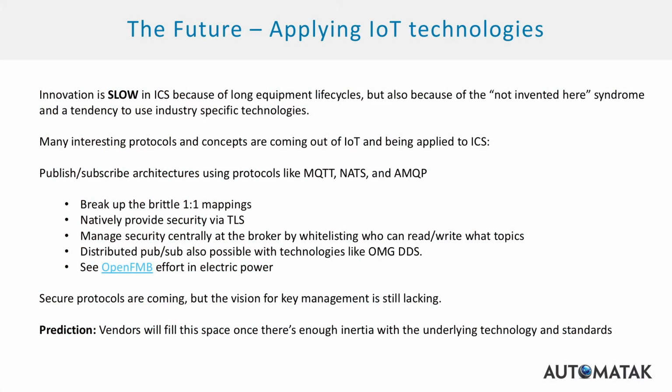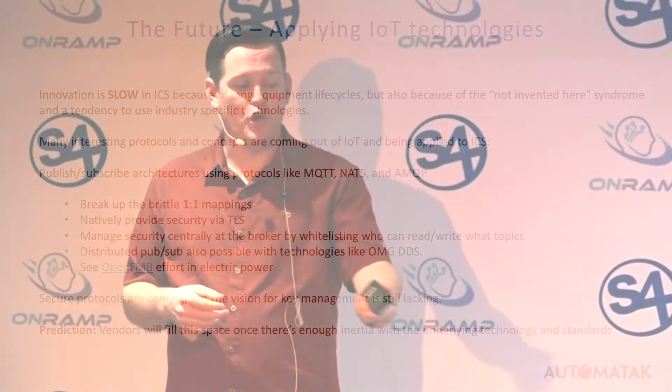In terms of the future, I think you are going to see a lot of IoT technologies start coming into ICS, if nothing other than to speed up the pace of innovation. If you've been monitoring IoT, you've heard buzzwords like MQTT, which is a pub-sub protocol. I'm actually working on a project with a major electric utility where they're building a new standard called OpenFMB, Field Message Bus, for microgrids.